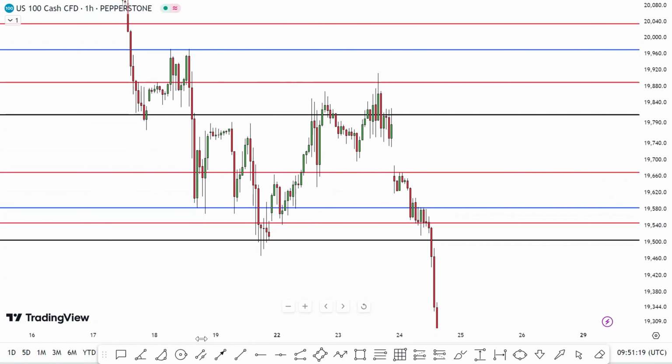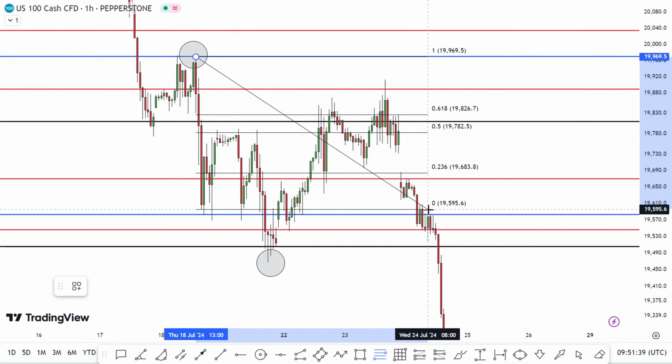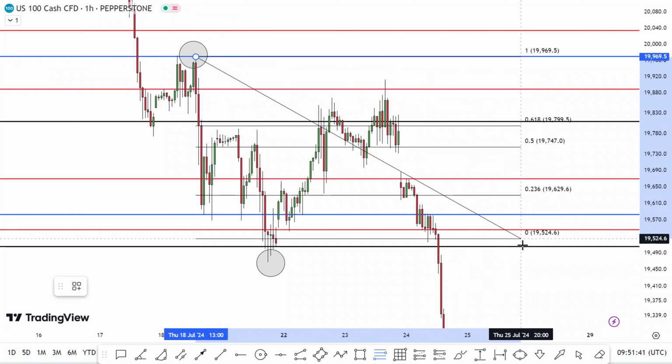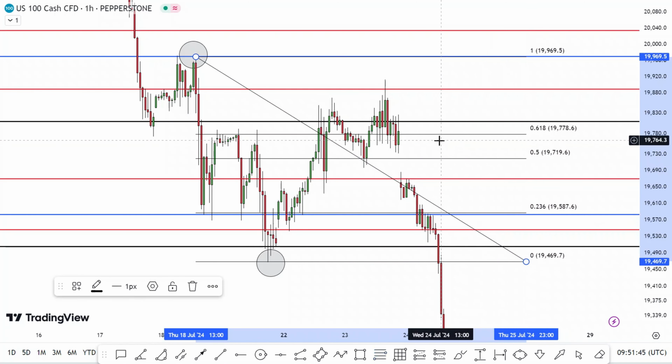Since this level here was a recent low, then this level here was a recent high, and we are looking to short the market. So we take it from here to here.